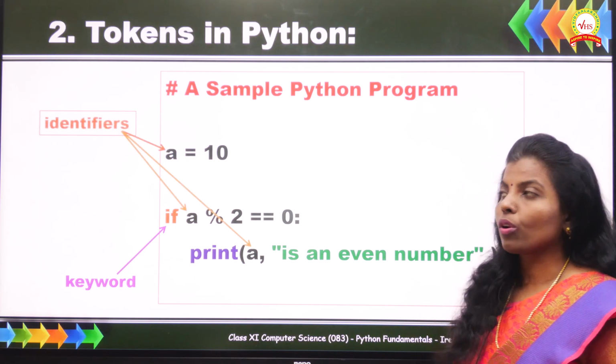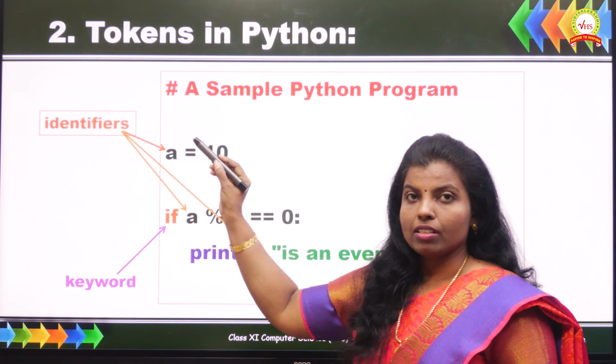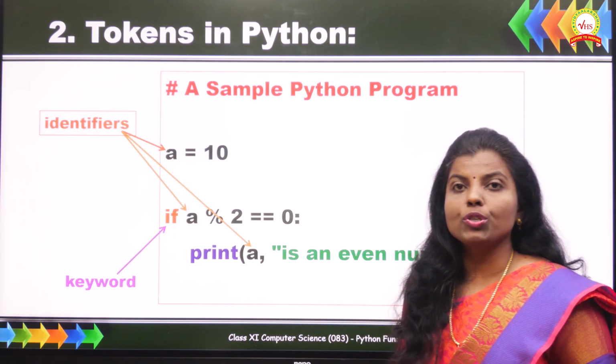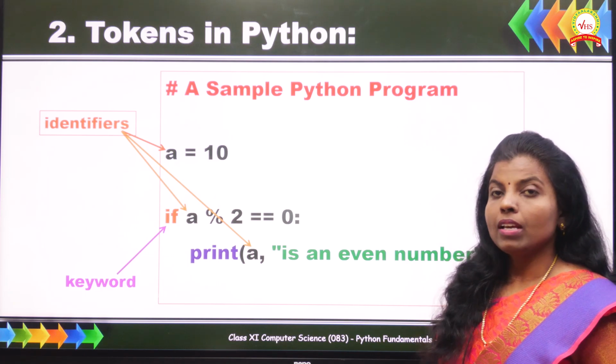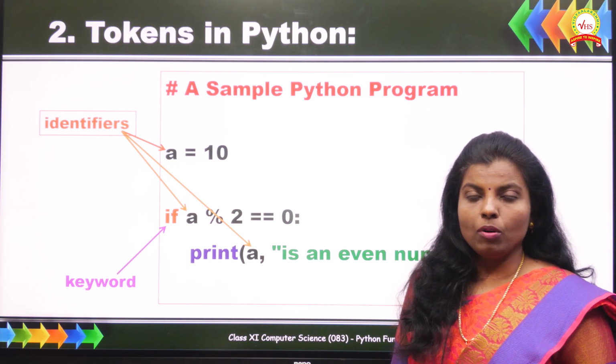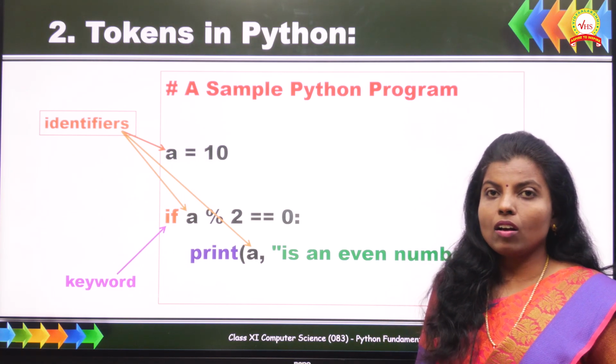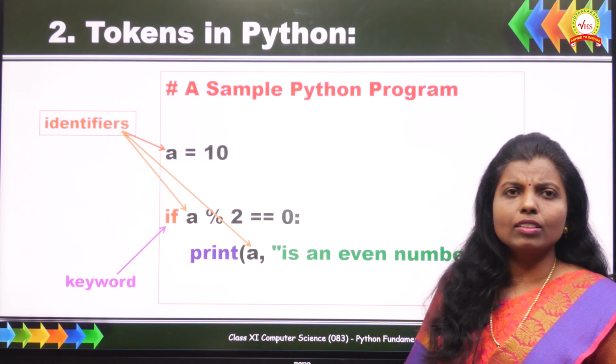The next token of Python is identifiers. What are identifiers? Identifiers are the names given to different parts of the program. We may give a name to a variable, list, dictionary, class or function, and it goes on like that.